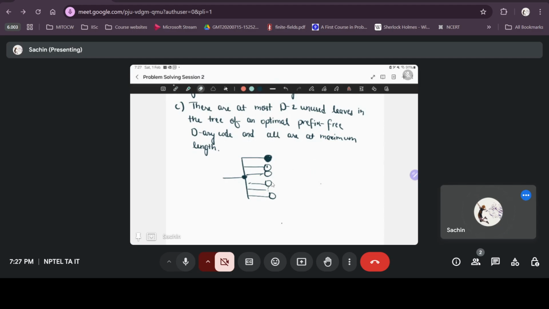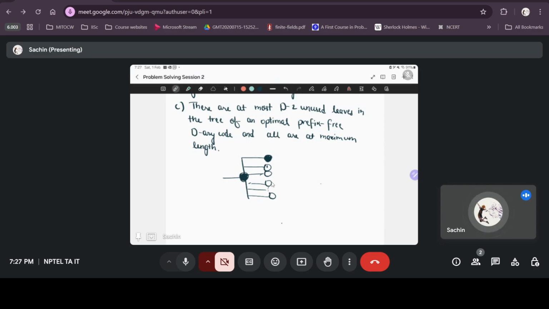Or if there are D minus 1 unused leaves at the maximum length, then you can swap the code words around such that there is a node where only one code word exists and the D minus 1 leaves are all unused. In which case, you can make this node the code word.